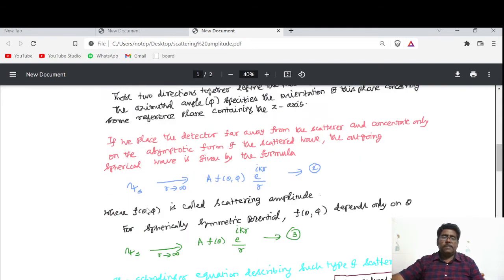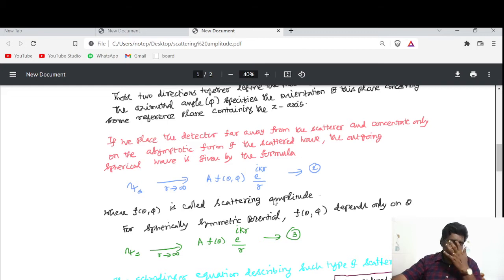If you place the collector, that means the detector, far away from the scatterer and concentrate only on the asymptotic form of the scattered wave, the outgoing spherical wave is given by the formula psi s is A f of theta comma phi e power ikr by r. Here f of theta comma phi is called our scattering amplitude.